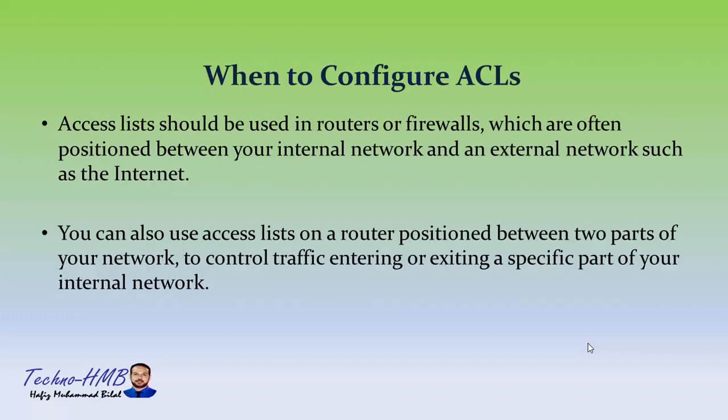When to configure ACLs? Access lists should be used in routers or firewalls, which are often positioned between your internal network and external networks such as the internet. You can also use access lists on a router positioned between two parts of your network to control traffic entering or exiting a specific part of your internal network.